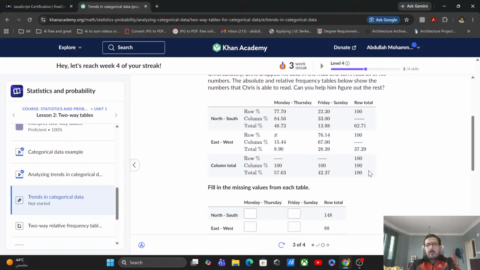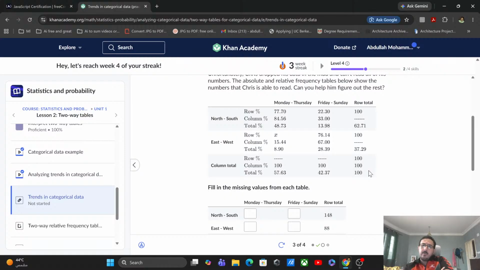North, south. Monday to Thursday. It's 48%. Row total is 148.